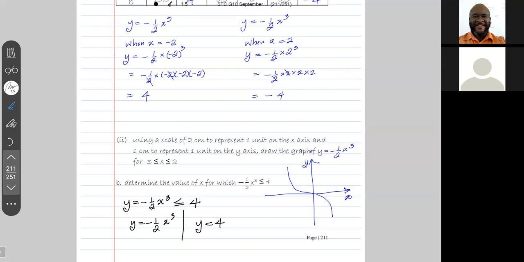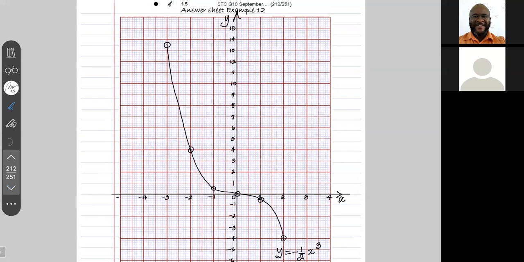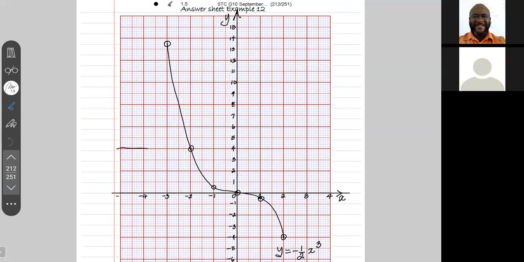So we already drew y is equal to minus a half x cubed. You need to draw the line y is equal to 4. It's not difficult to draw. Y is equal to 4 is a horizontal line that passes through 4 on the y-axis. This is the line y is equal to 4.